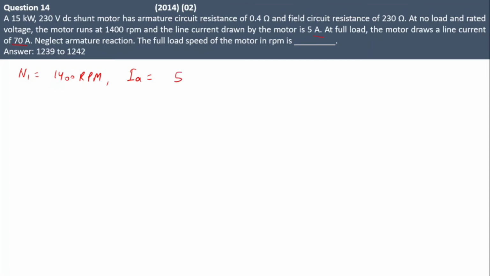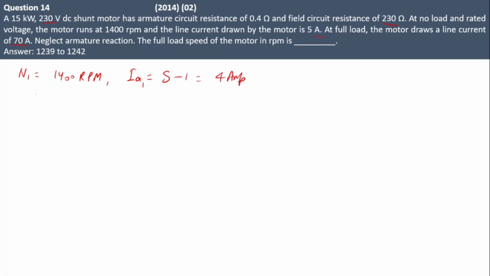So Ia1 at no load is 5 minus, what is the field current? 230 ohm is the field circuit resistance and 230 volts is the supply, so it is 1 amp. The no load current is 5 amps and the field current is 1, so 5 minus 1 is 4, into 0.4. This is 5 minus 1 equal to 4 amps.